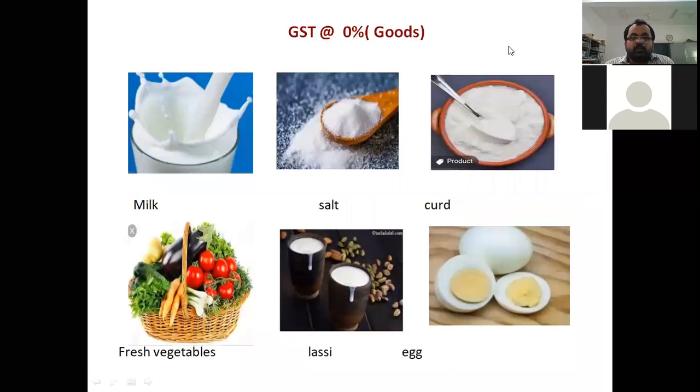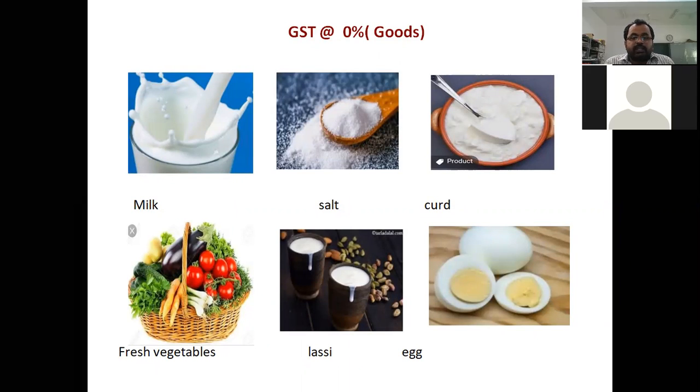0% goods means what we are seeing on the screen. GST at 0% means goods which are highly consumable by the public. Those goods come under 0%. Why? Because it should not be more of a burden to the needy people. Therefore, we have GST at 0% in India.